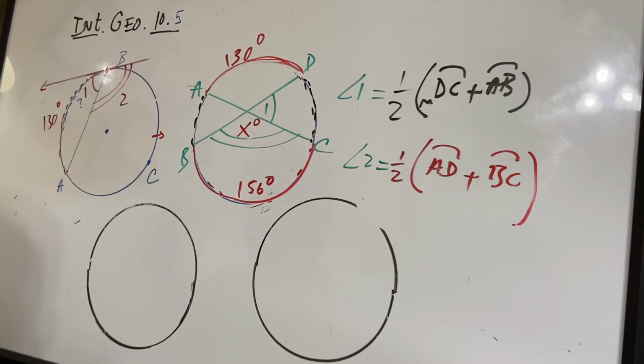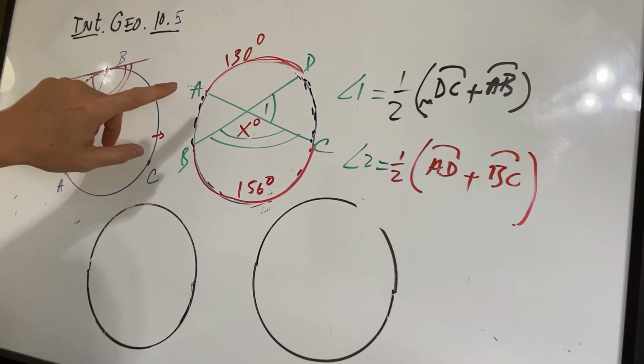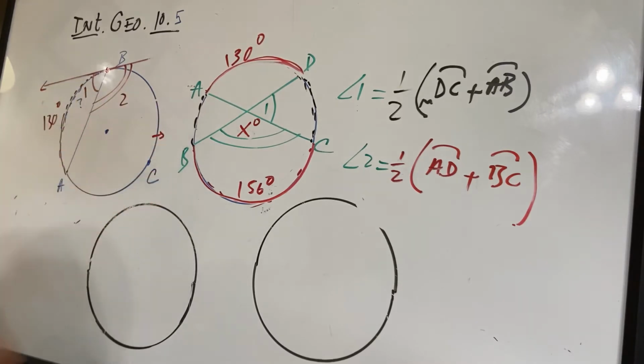All right. Well, they gave us LK. Okay, this angle at that angle right there, that angle DC. And then you have AD and BC. Okay, I'm good.